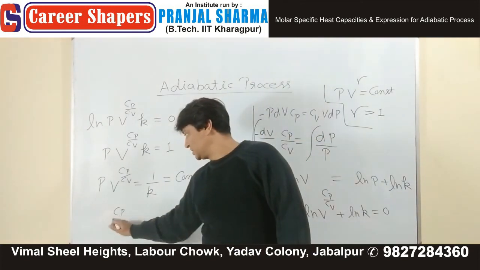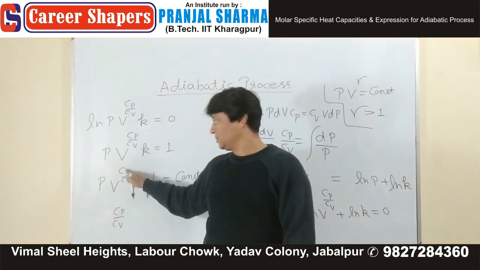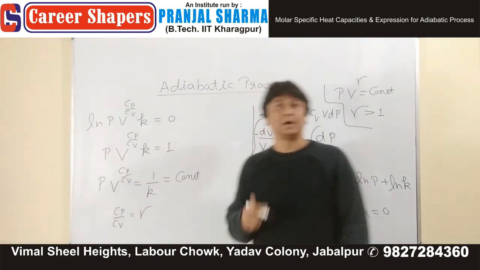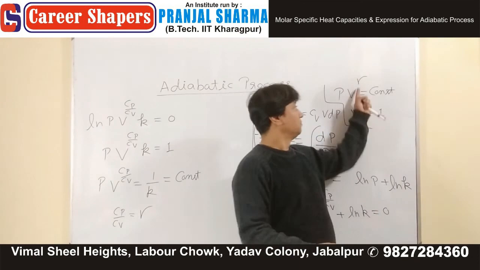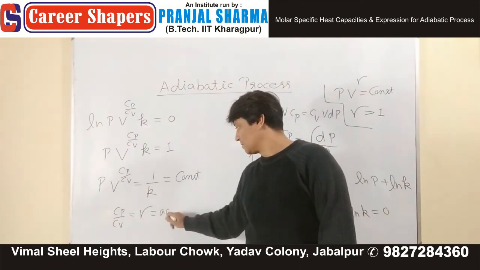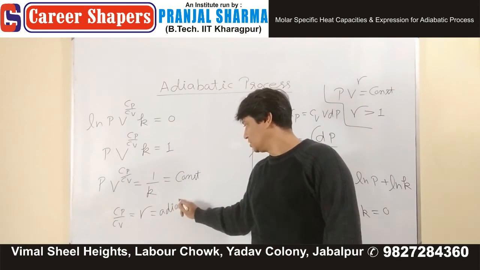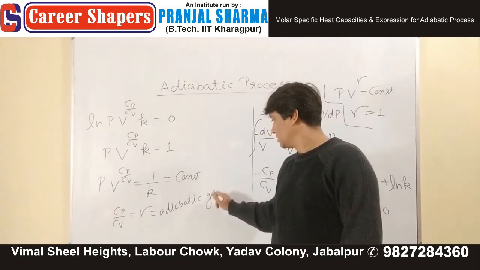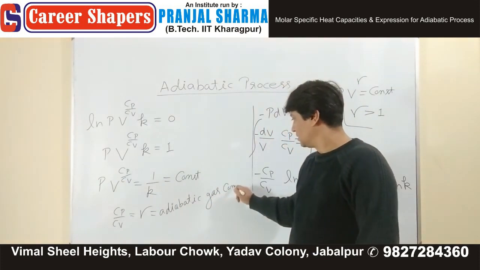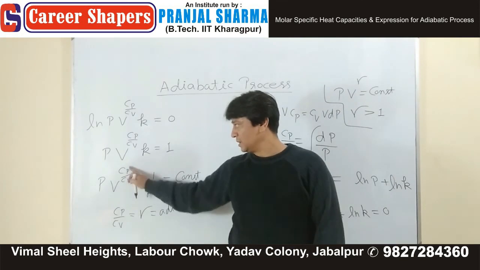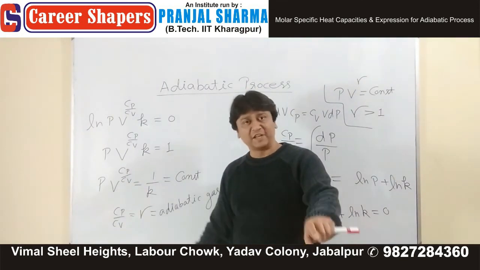Cp upon Cv, this power in short is written as what? Gamma. What is gamma? Cp upon Cv. And it's called the adiabatic gas constant. Cp is a constant, Cv is a constant.